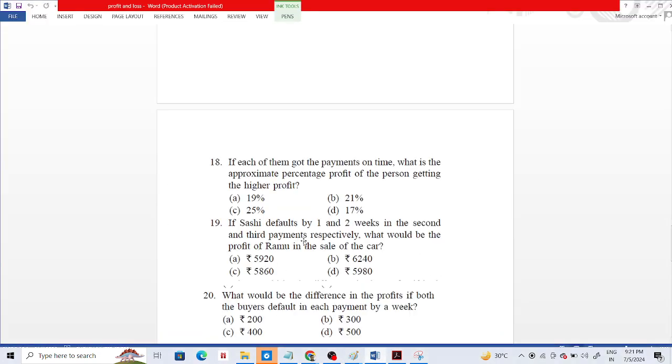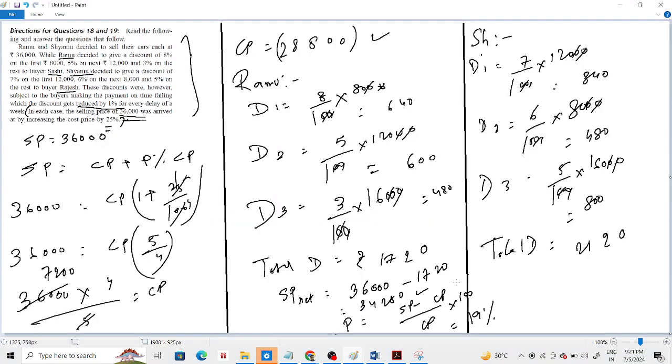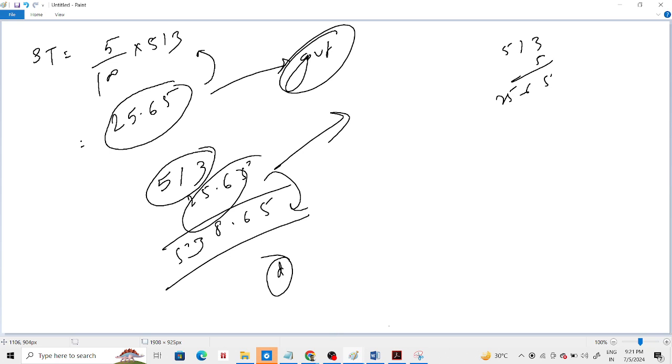So the next one is, now it is given if Shashi defaults by 1 week and 2 weeks in the second and third payment, then what would be the profit of Ramu? Now Shashi is, so let me go to the next page.